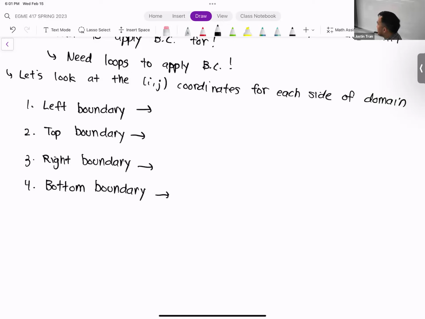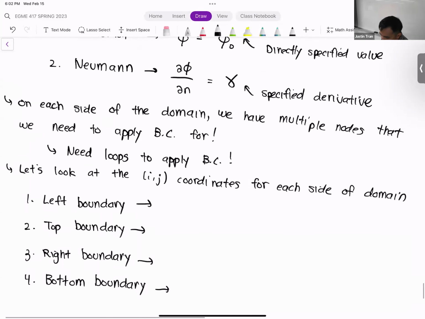What's unique about these boundaries is that they have multiple i and j values associated with each node on the boundary, but they're constrained in a certain way. So let's look at the left boundary first.